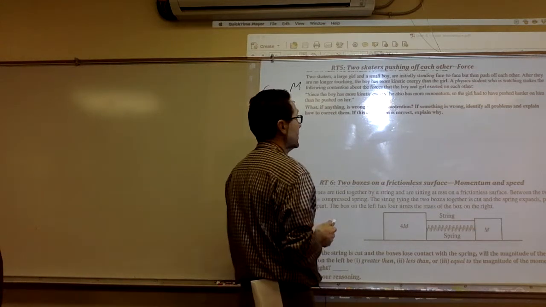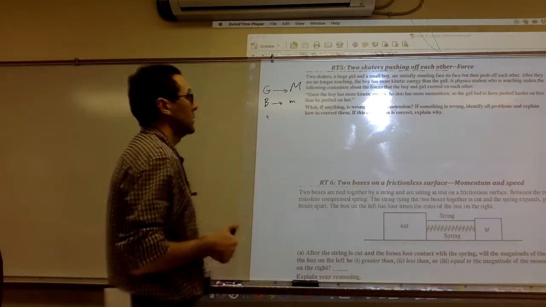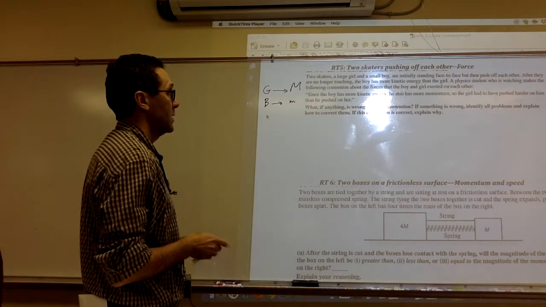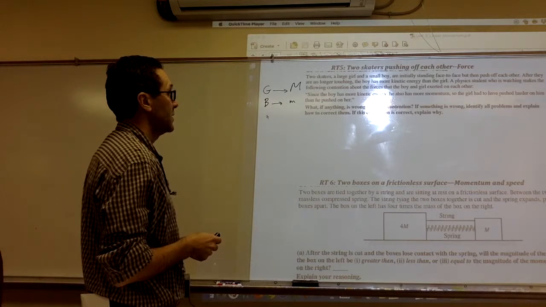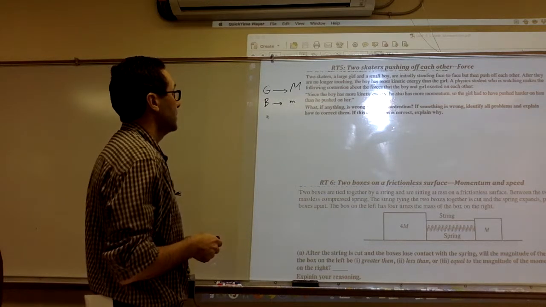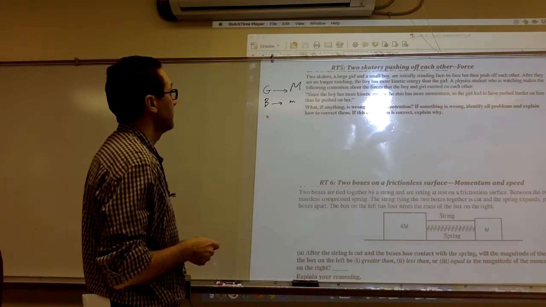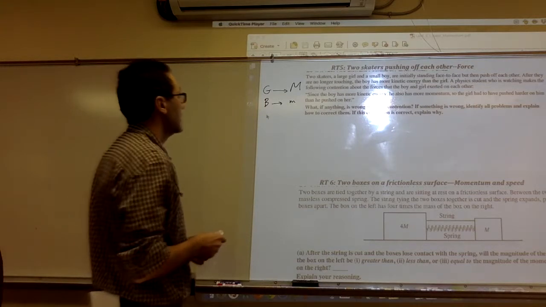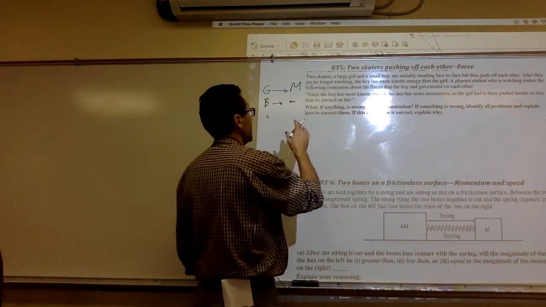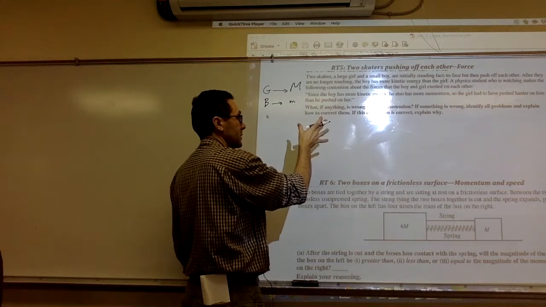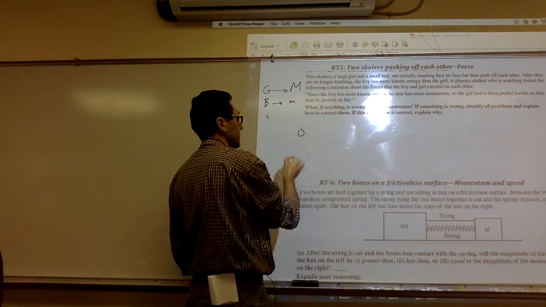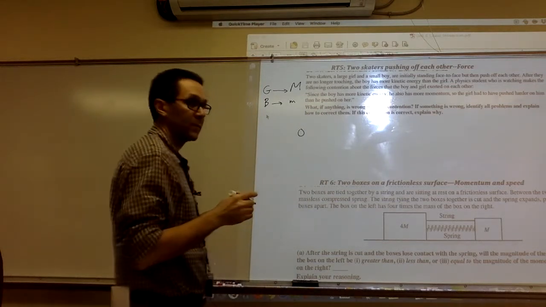Well, that's not true because according to Newton's third law, they must have the same force acting on them. Okay? Another way we could look at it, we can say, well, when they were at rest, they started with 0 momentum, total momentum, right?